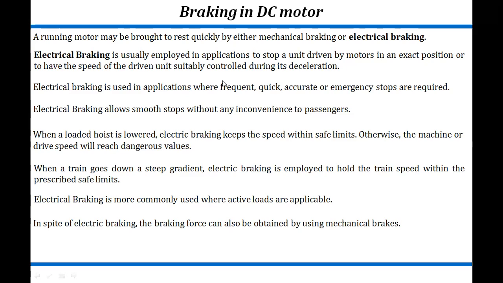So electrical braking is usually employed in applications to stop a unit driven by a DC motor in an exact position, and to have the speed of the driven unit suitably controlled during deceleration. If it is rotating with some speed and we want to make that rotor stationary, we can give the electrical brake.